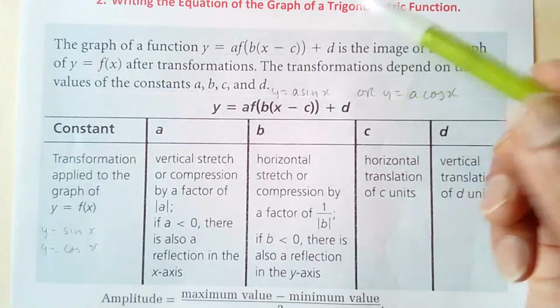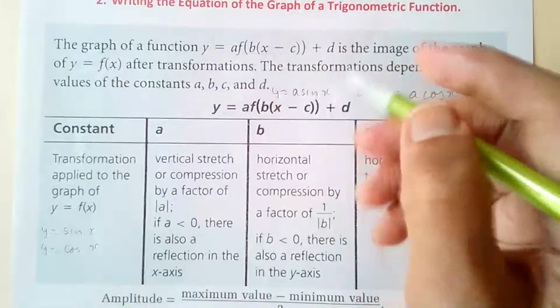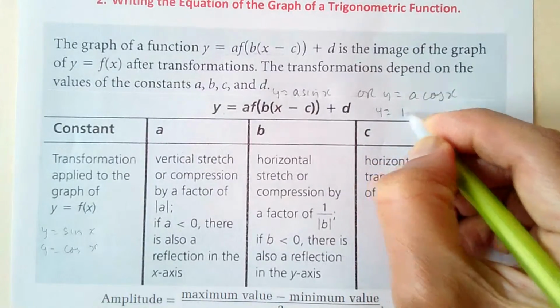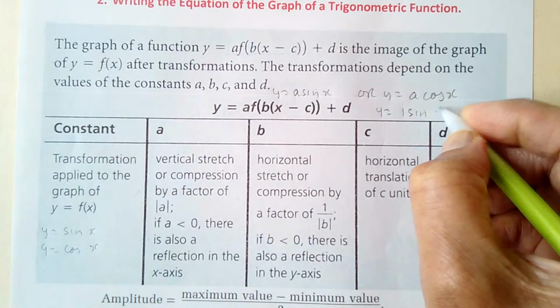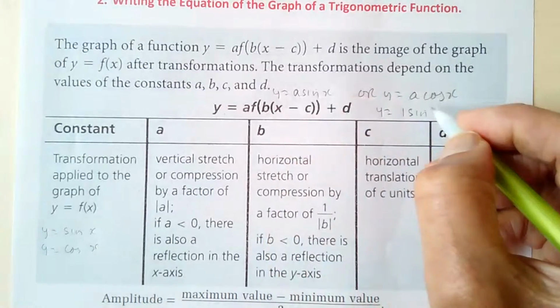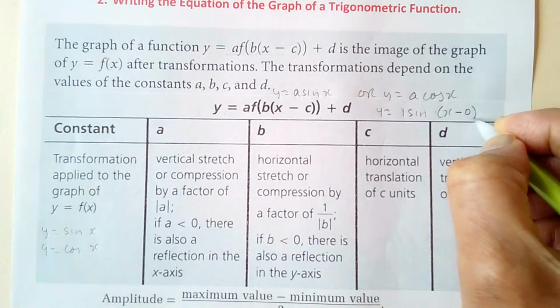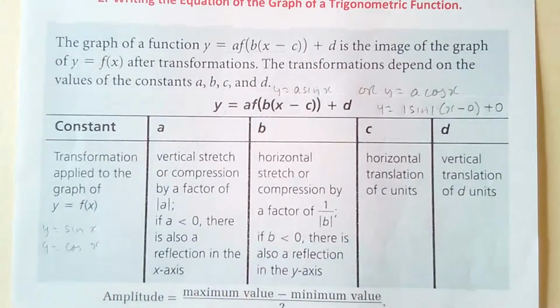Now, if I were to write this out in a translated form, the sine would be y is equal to 1 sine, in this case b wouldn't change, b would be the 1, x minus 0 plus 0. And you have 1 there.